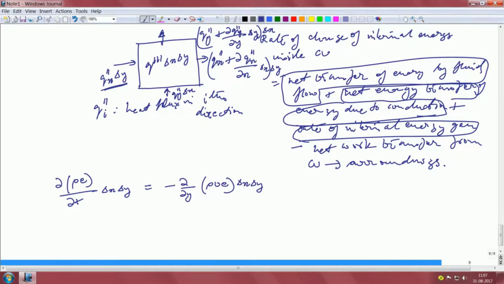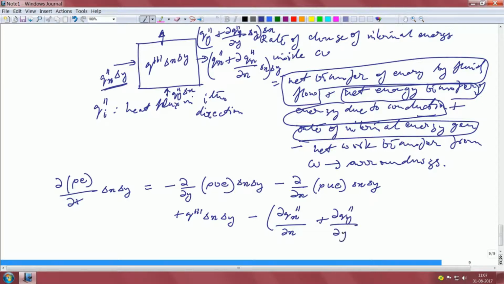That is what we got from the net transfer of energy by fluid flow. Minus, and I have taken into account all the negatives. That means you basically simplify the form. I am not showing the steps for the simplification, that ideally you should practice. Plus Q''', which is basically the rate of generation or dissipation, minus (dQx''/dx plus dQy''/dy) into delta x into delta y, plus there is some work term W into delta x into delta y.